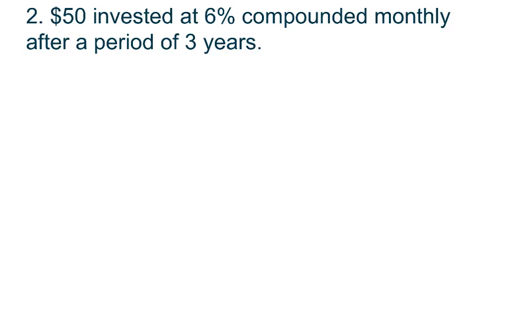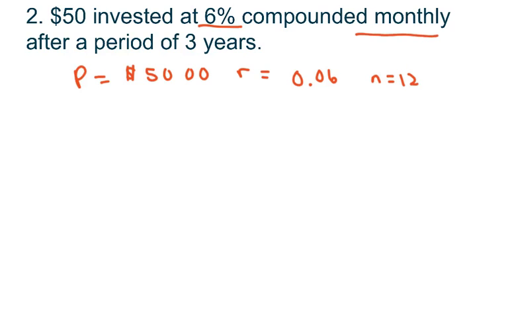So these are just basic ones, and I'm going to go a little faster now. So we have $50 invested at 6% compounded monthly. So P is 50. R is 0.06. N is 12 because it's compounded monthly. And T is 3.